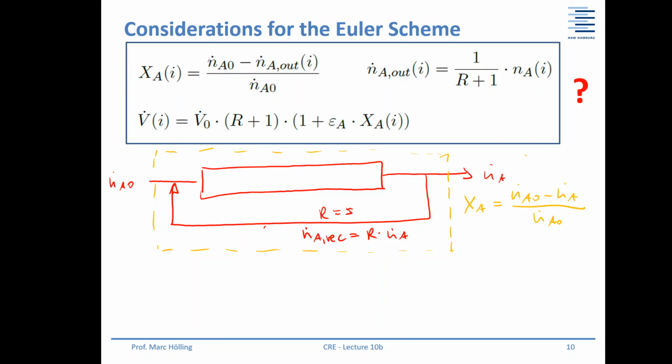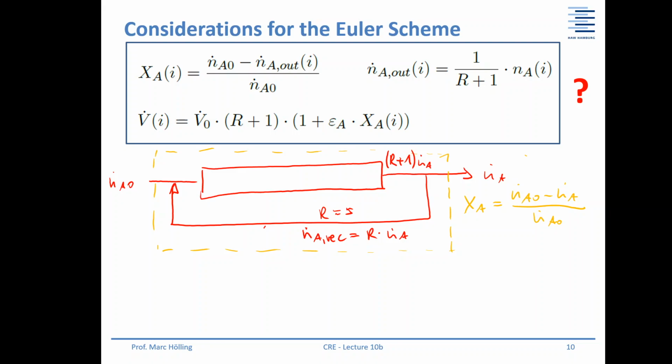What does it mean? This means that at the outlet of your reactor, you should have R plus 1 times the outlet mole flow of component A. This is basically just the definition of the recycle reactor.